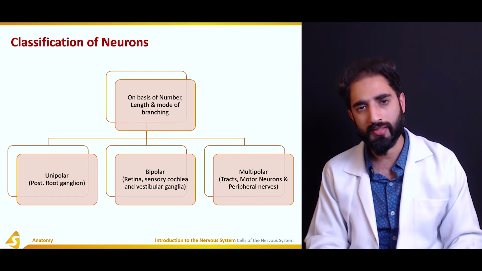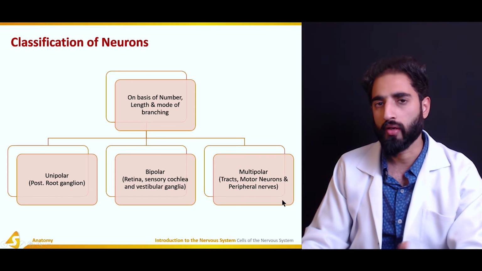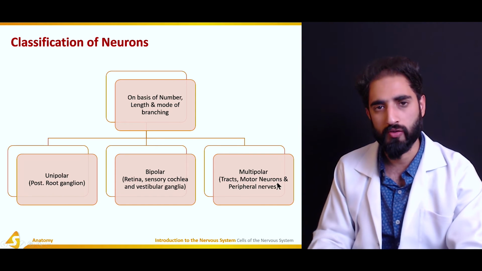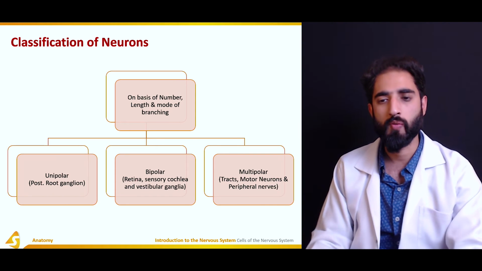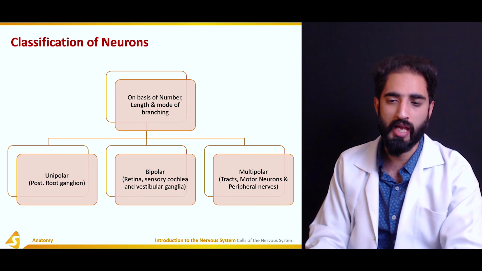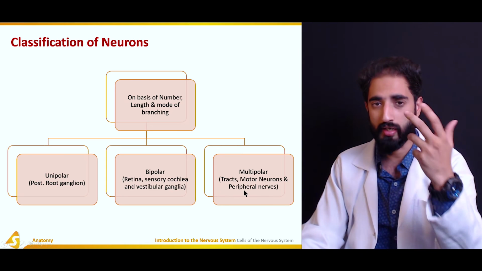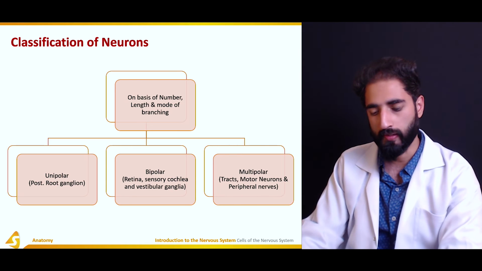Multipolar neurons are a very common example, and they are seen in a lot of structures such as the ascending and descending tracts in the spinal cord, as well as the motor neurons, also called the alpha motor neurons and the gamma motor neurons, as well as the peripheral nerve.